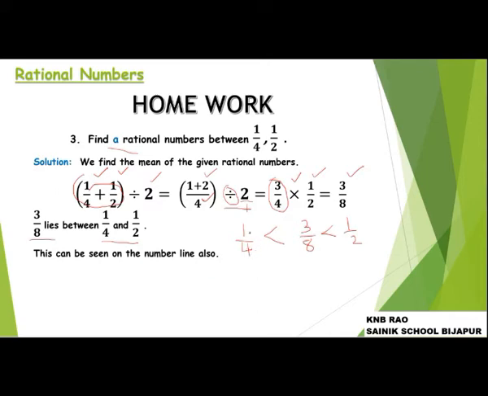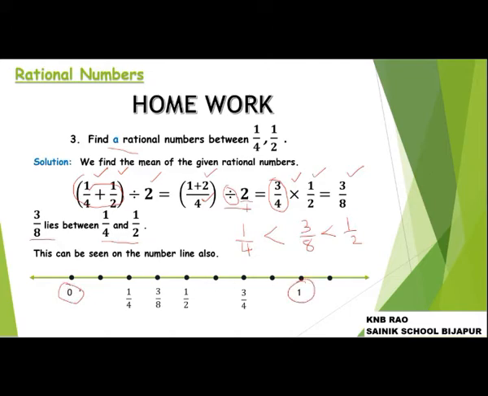Okay, this you can see on a number line also. Here I have a number line drawn with the points equidistant from each other. So I marked those points equally on a number line. Now I have taken numbers corresponding to those points, from 0 to 1.